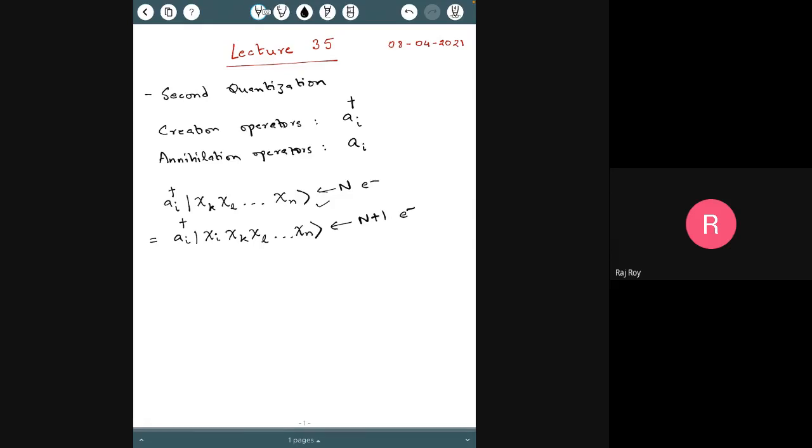And also when you have a string of creation operators, they will also create things in order. So first you will have a chi_i and then a chi_j. So this is now an n plus 2 electron function.